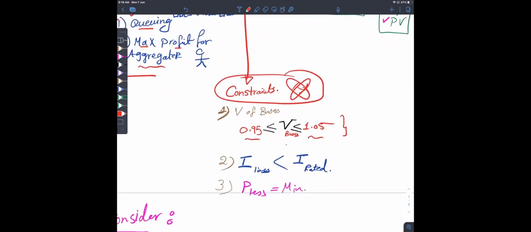Also, the current in the lines, because the station will have many cars. For example, I didn't choose a number, but we can choose a number of cars.